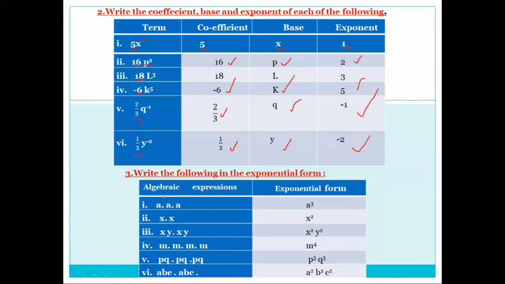If the base and power are the same, just a into a into a. Dear students, if you consider here a, here is also a, here is also a. Now a is the base, and what is the power? Power here, if there's nothing, we will think there is 1. And the coefficient, if there's nothing, we will think it is 1.